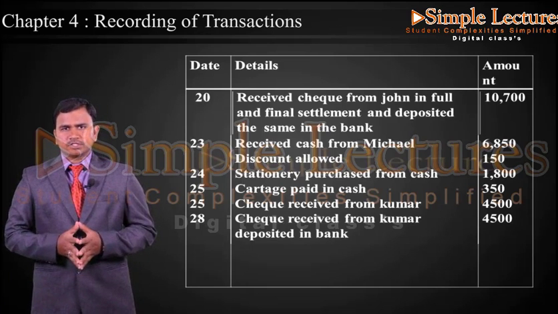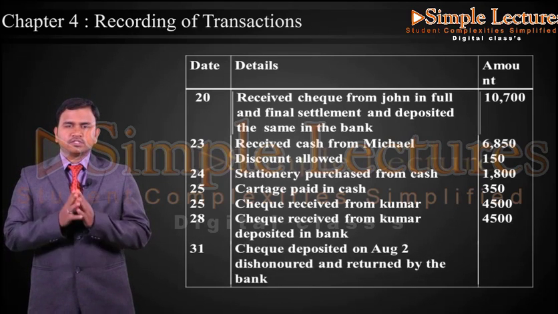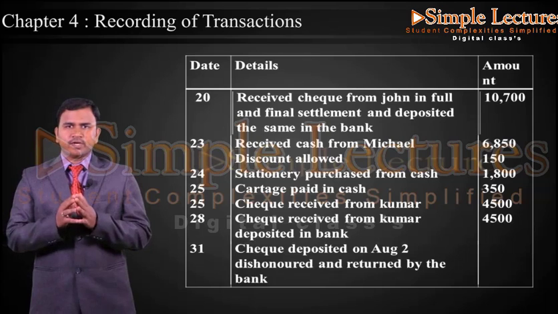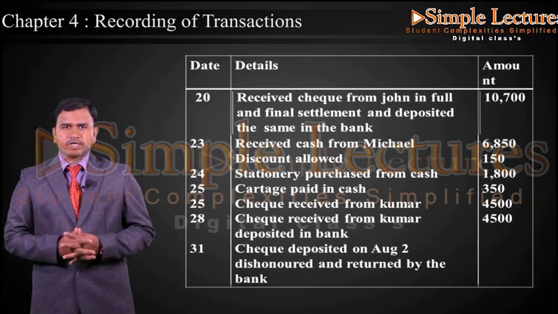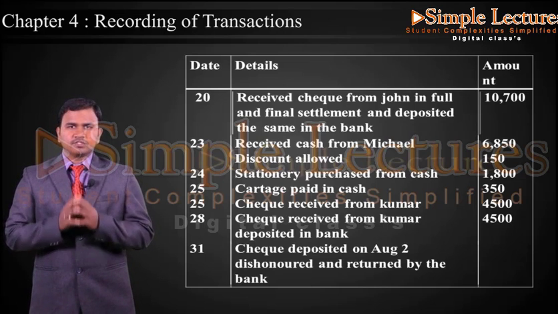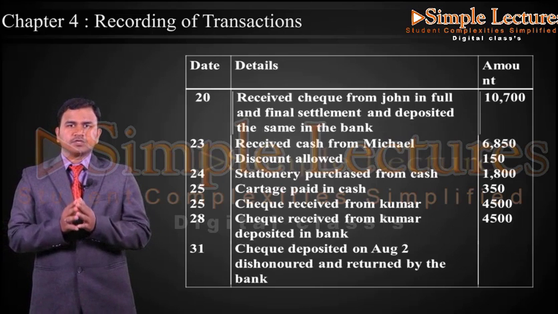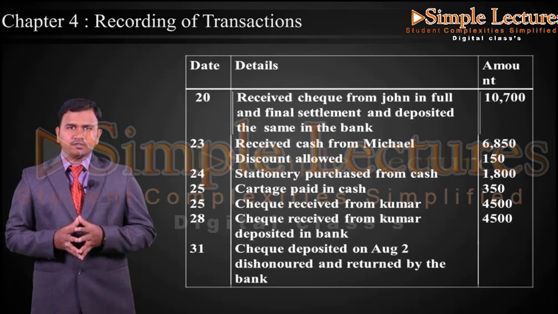And the next transaction we have is on August 31st. The entry here is: check deposited on August 28 dishonored and returned by the bank. The check we deposited on August 28, given by Kumar, 4,500, was dishonored and returned by the bank.